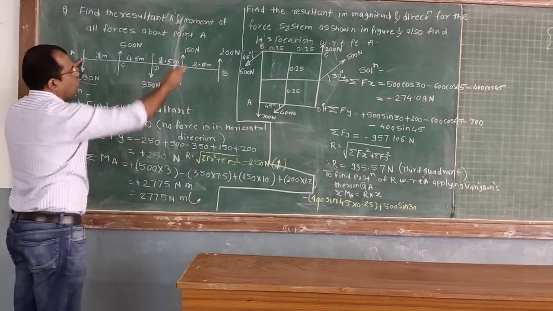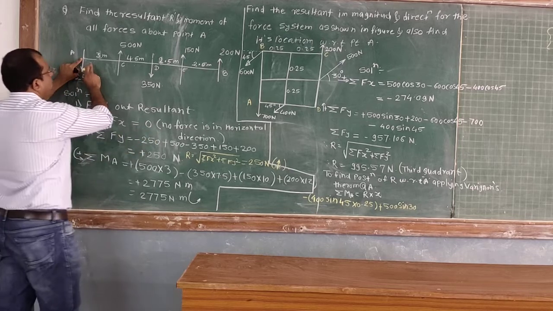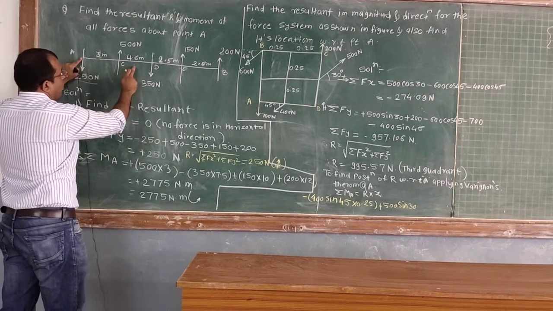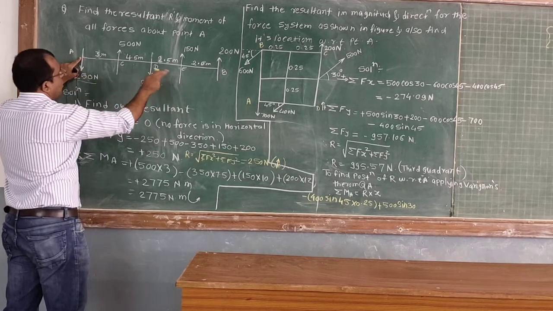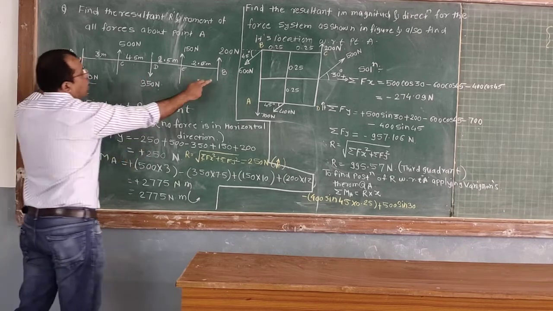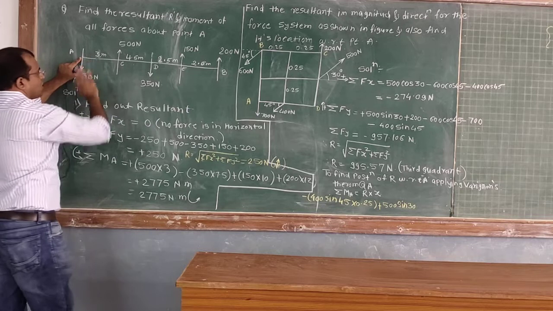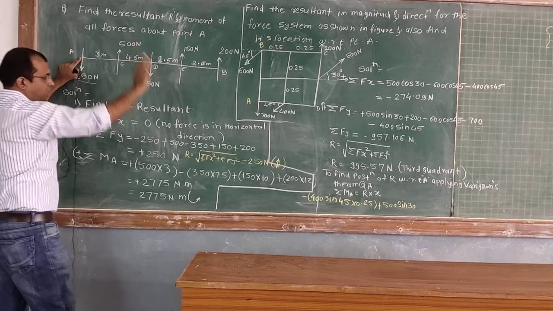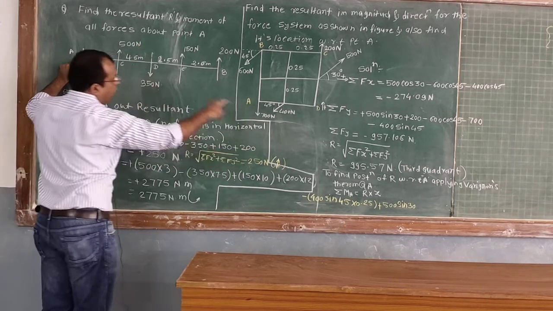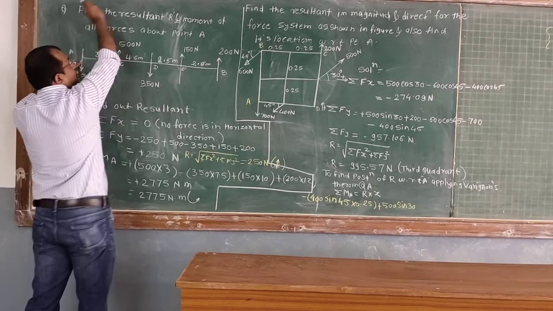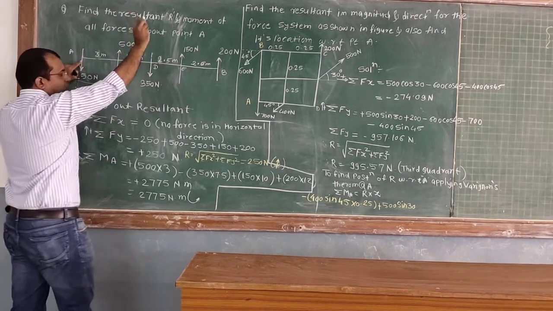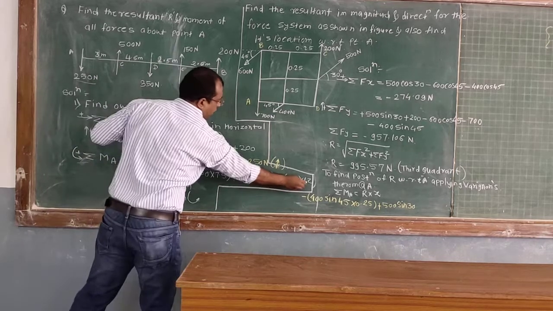The next force is 200. What is the perpendicular distance? 3 plus 4.5 plus 2.5 plus 2. It comes out to be 12. So 200 into perpendicular distance 12. It will create the moment in the anti-clockwise direction, so 200 into 12.